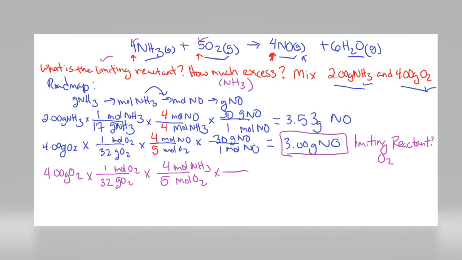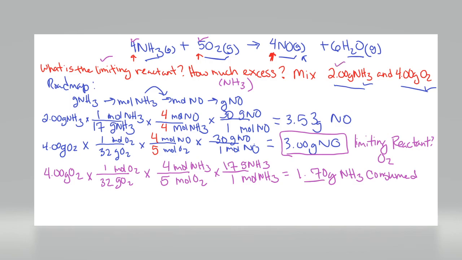Last step, we need to know grams. So we're going to go from moles of NH3 to grams of NH3, and we have 1 to 17. I got 1.70 grams of NH3, and this is what is consumed. So you'll notice it's less than what it started with, which was 2.